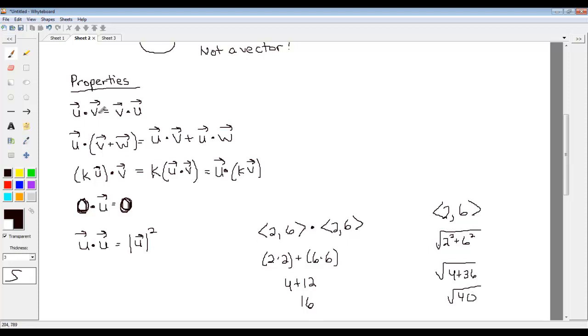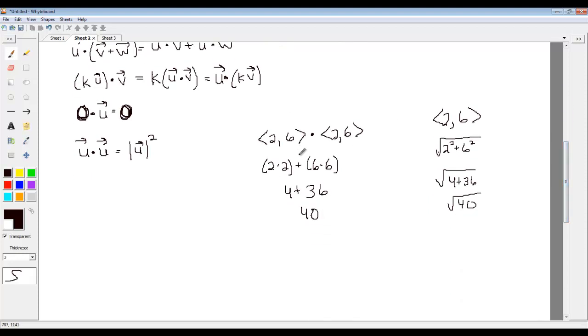Oops. I really goofed on that. Back here, 6 times 6 was 36, not 12. I did 6 times 2. Oh boy. 4 plus 36. That's what I get for making these things late. So fix that. Alright. 2 times 2 is 4, plus 6 times 6 is 36. 4 plus 36 is 40. Sorry about that. Now that's the dot product side.